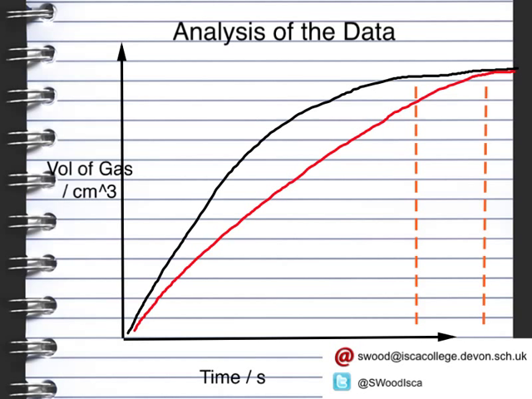Now this is where we start to get quite clever and quite technical. Because we've got a curved line here, it means that we can't work out a gradient. What we can do is work out a gradient by drawing what we call a tangent line, and that is where we have a line that goes around or up from that initial point.